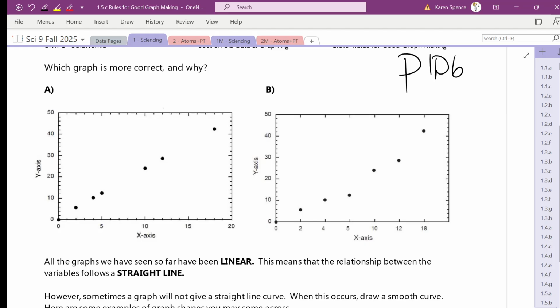A or B? Which one is better? Boys, which one is better? Graph A or graph B? Chat amongst yourselves. It's a little weird. 2, 4, 5, 10, 12, 18.